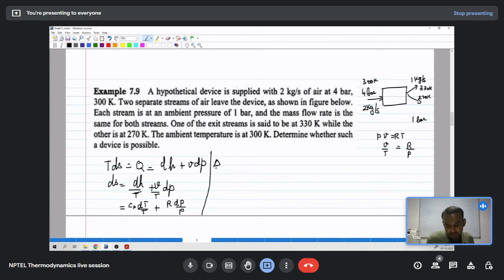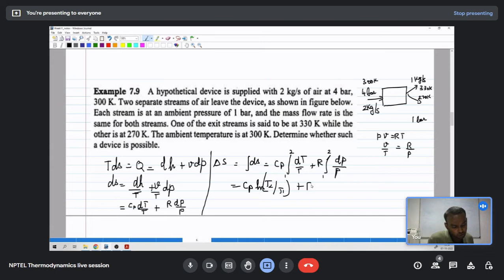So to calculate the change in entropy, I have delta S is the integral of dS. This is Cp integral of dT by T plus R into integral of dP by P. So we have Cp into ln of T2 by T1 for process varying from state 1 to 2, and plus R into ln of P2 by P1.